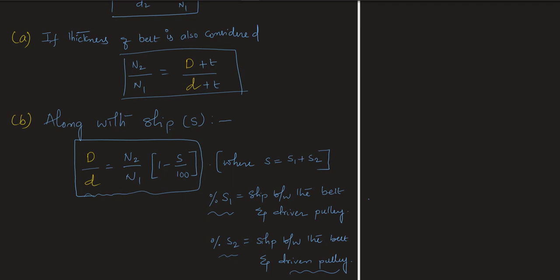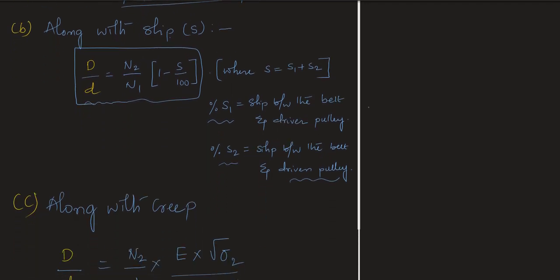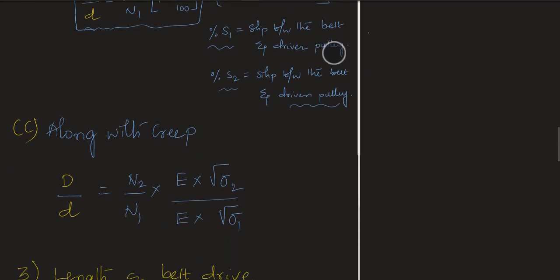If we add these, we get the total slip S, that is S equals S1 plus S2. This velocity ratio formula considers slip. If there is no slip, then D by d is equal to N2 by N1 only.